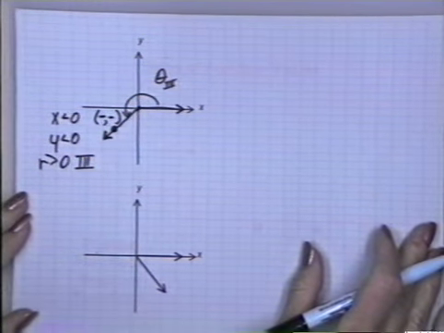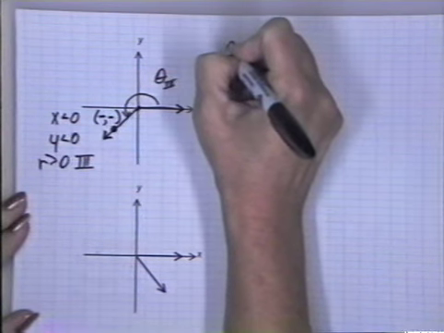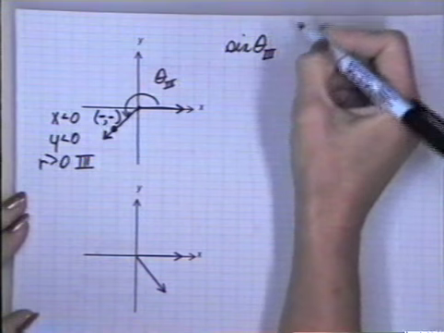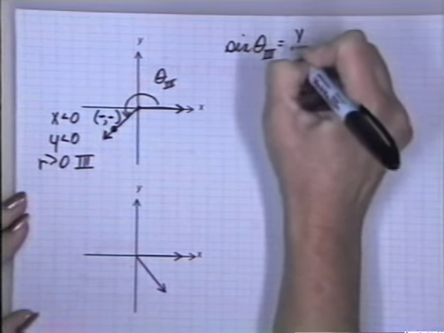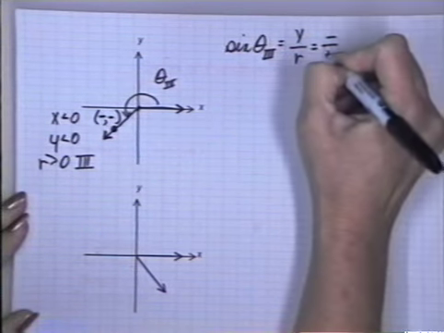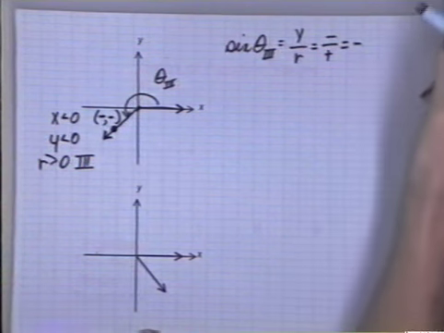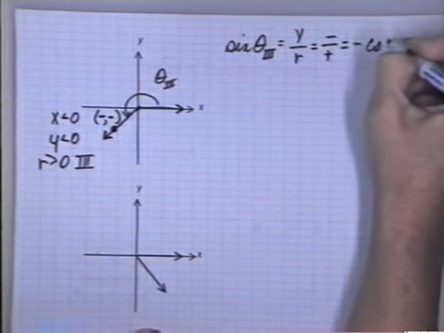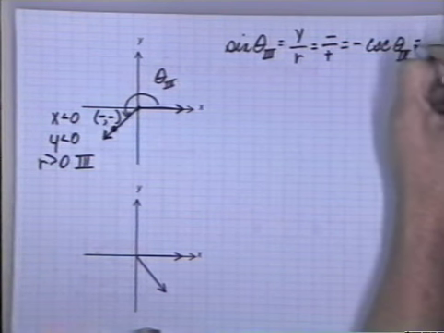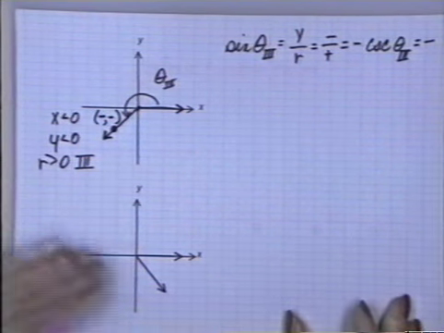So let's get the signs of my 6 trig functions. For the sine of my theta 3, y divided by r, my y is negative, my r is positive, so I will get a negative number, which means also that the cosecant of my third quadrant angle will be negative.